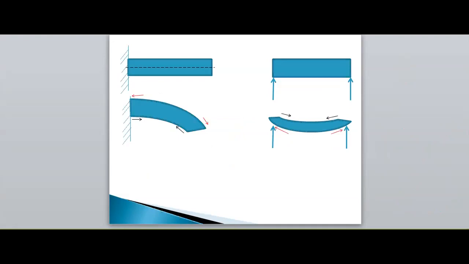So here, when doing problems, there are only 2 types of beams. First one is a cantilever beam, second one is a simply supported beam.